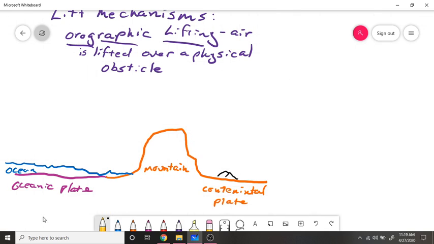The air out over the ocean has been warmed up by the sun, and it is moving horizontally over the surface. And when it moves horizontally over the surface, we call that wind.